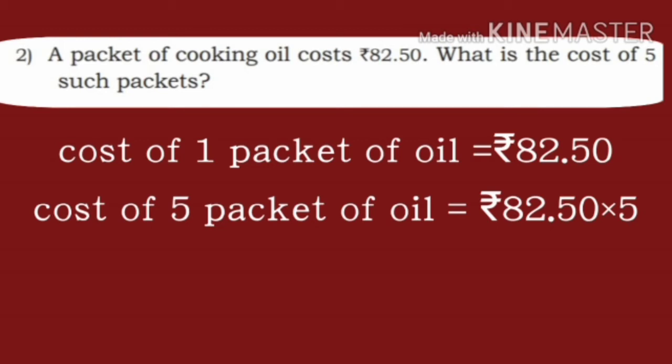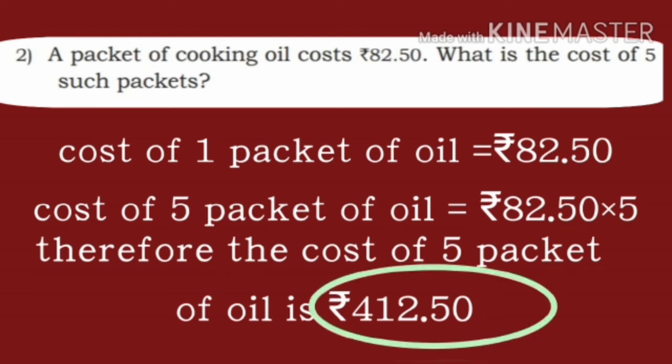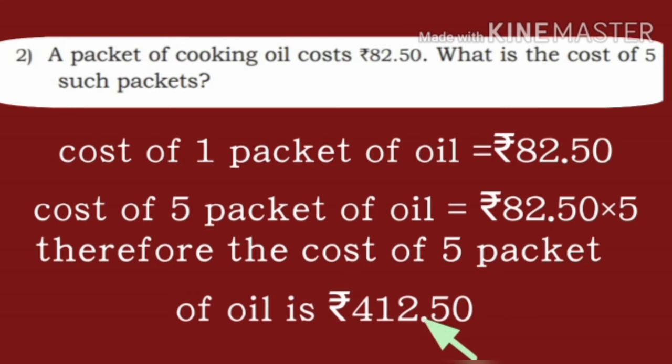Therefore, the cost of 5 packets of oil is 412 rupees 50 paise. Children, when doing the multiplication of money including paise, do the multiplication as that of numbers. Keep the point after 2 digits from the right side in the product.